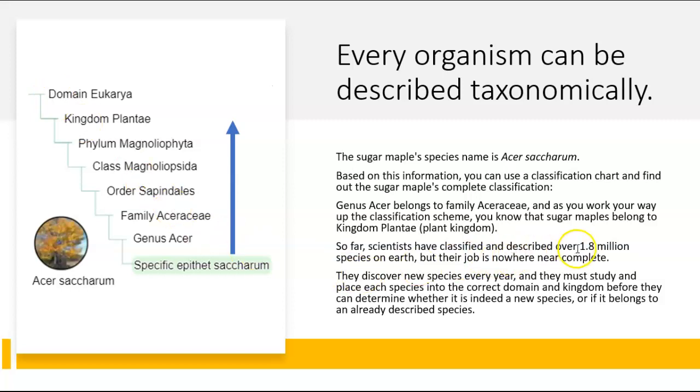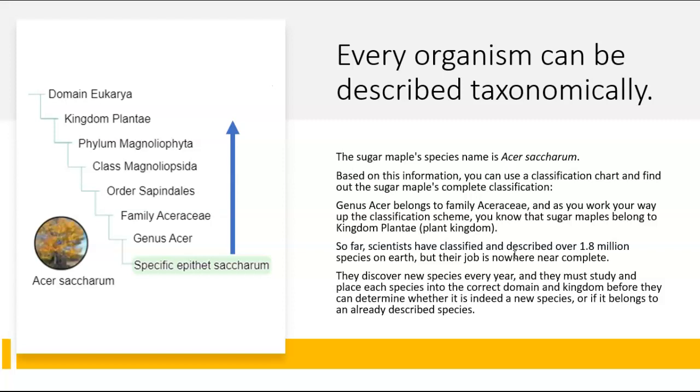Your book says that scientists have classified and described over 1.8 million species. Other information told us it was like 2.1, so it's around 2 million. But there are many more species, and there's a whole range of estimated numbers.